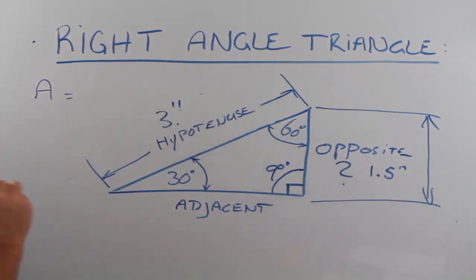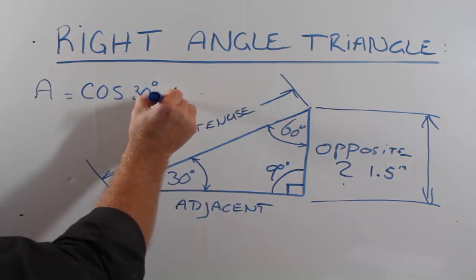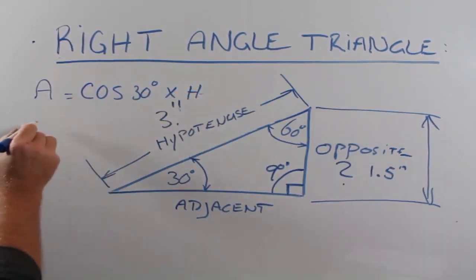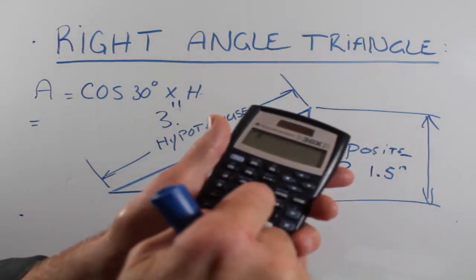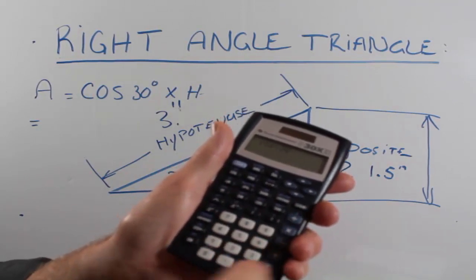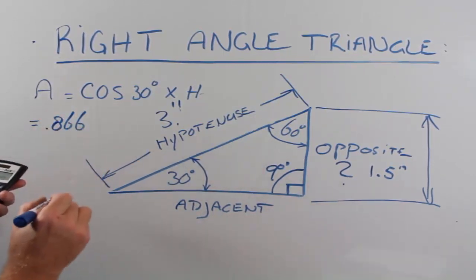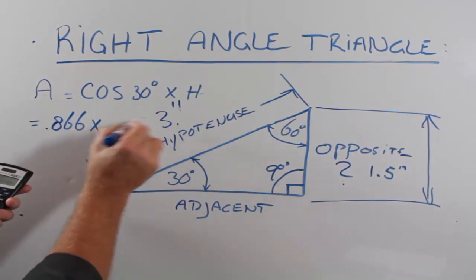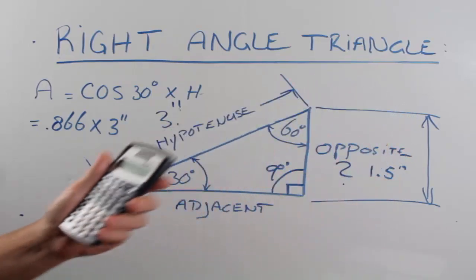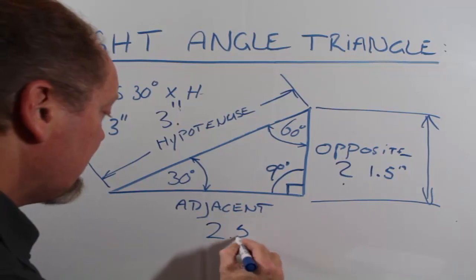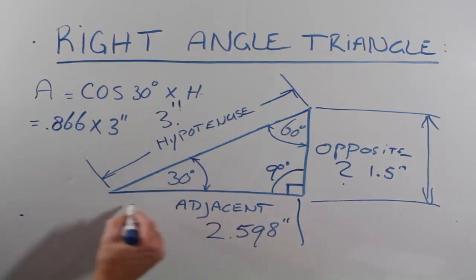So the adjacent leg, A, equals the cosine of 30 degrees multiplied times H. I'm going to clear the calculator and take the cosine of 30 degrees, which equals 0.866, and multiply that times 3 inches, which equals 2 inches 598. So that is the length of the adjacent leg right here.